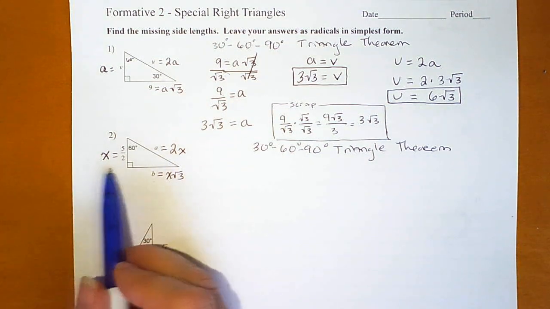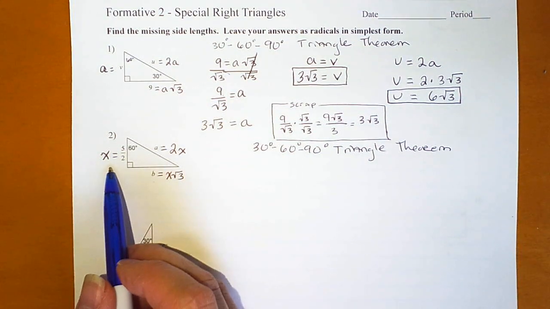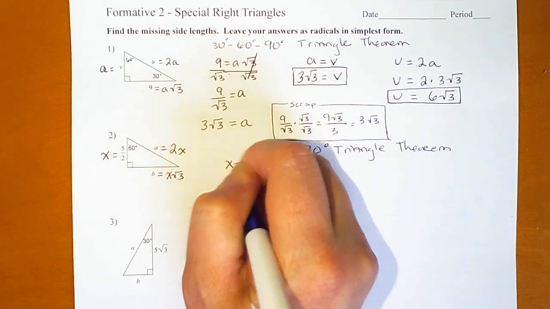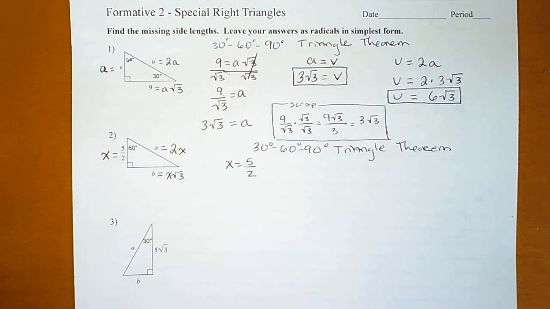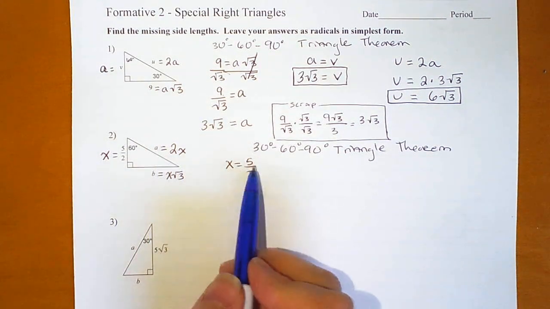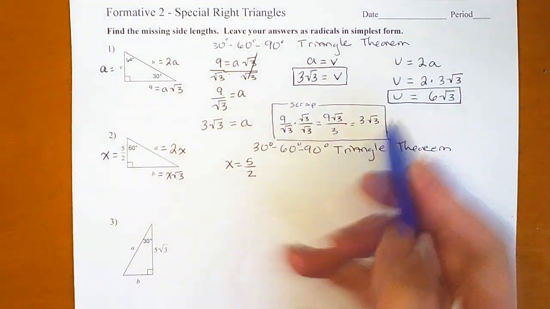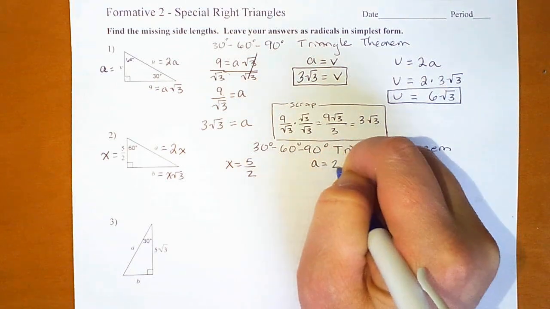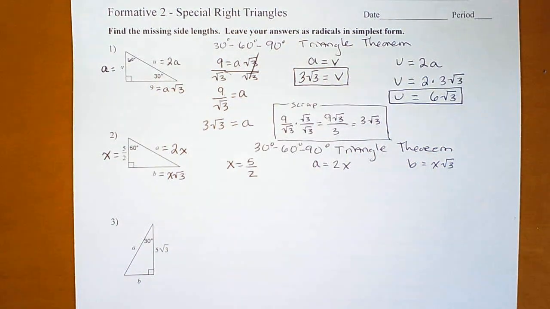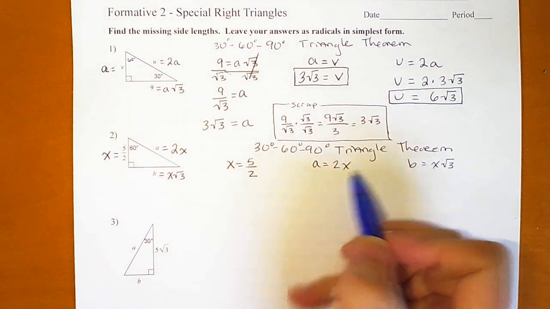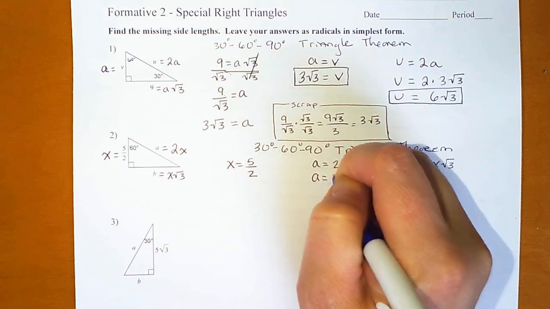In this case, I already know the length of my shorter side, so I'm going to just start by writing that information down. And now I can quickly substitute this information into the other two equations. First, I write the equation down, and then I show the substitution.